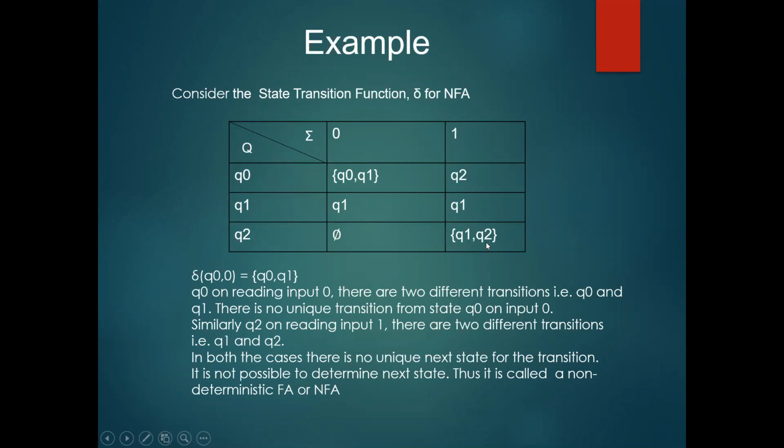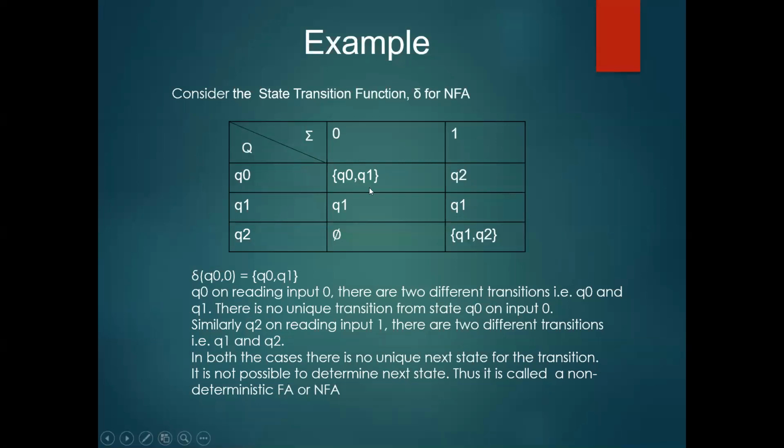Now from this you can observe that from one particular state on one particular input, there are more than one transitions. Like on Q2, on input 1, there are two transitions, to states Q1 and Q2. And from state Q0 on input 0, there are again two transitions, Q0 and Q1.